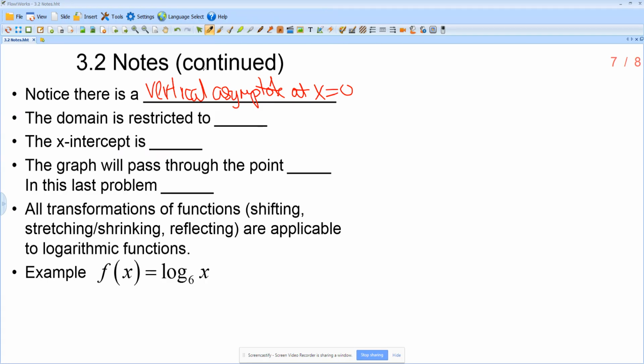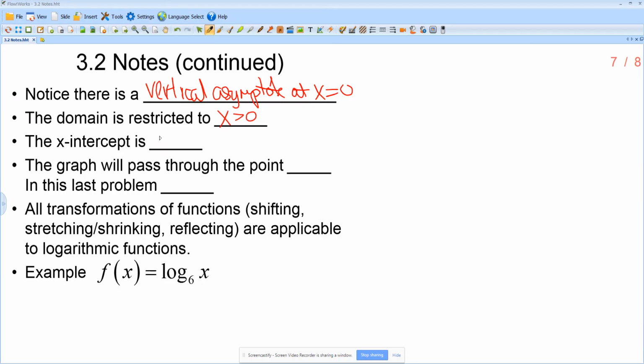And an exponential function and a logarithmic function are inverses. Way back when we first talked about inverses in chapter 1.6, we said that in an inverse, x and y are switched. So if I'm switching x and y, our function before had an asymptote at y equals 0. Well, I switched x and y, so now it's x equals 0. The domain is restricted to x being positive, and that does not include 0.